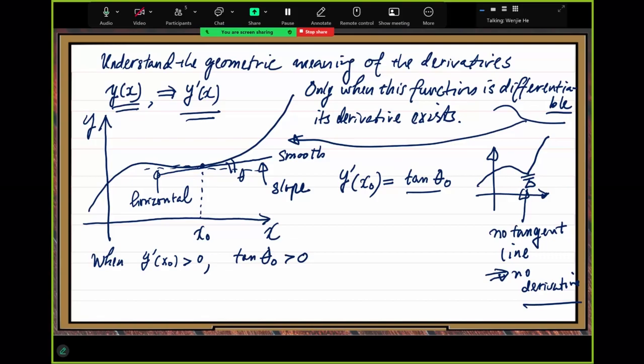Tangent theta is positive. Do you know in what range? Here you only consider theta between 0 and 180 degrees.